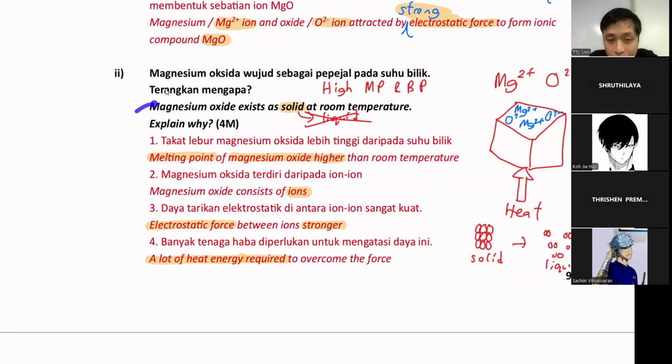They can ask you ionic, they can ask you covalent, so you never know. For covalent, just change: melting point, or boiling point, is lower. It consists of neutral molecules. Between the molecules there is only weak van der Waals attraction force. A little heat energy is needed to overcome the force. If you see CO2, ammonia, this kind of thing, it's covalent already.